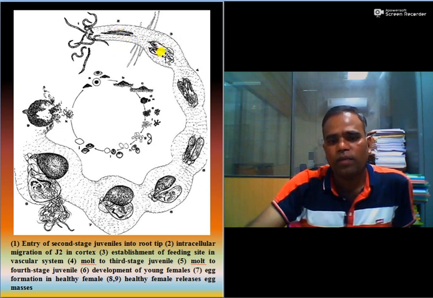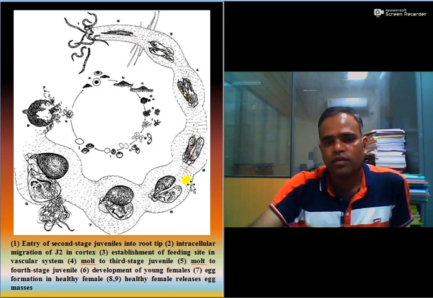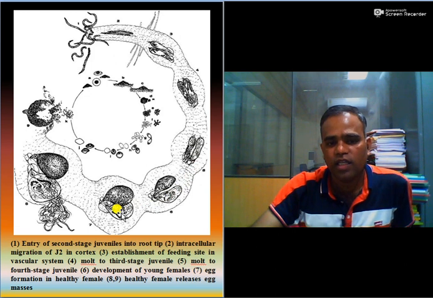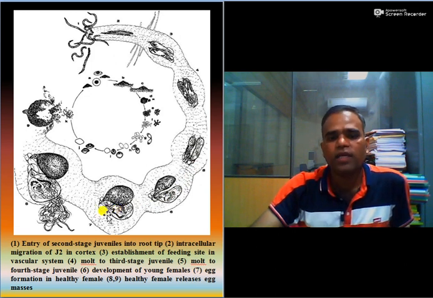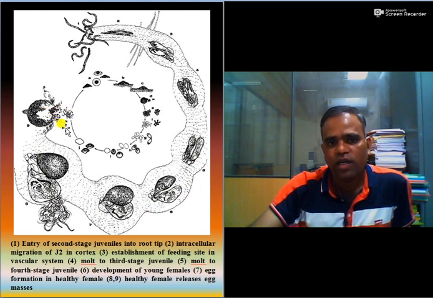Establishment of the feeding site in the vascular system takes place. They molt into third stage juvenile, then fourth stage juvenile, then young females are formed. Egg formation takes place in the healthy female, and the healthy female releases eggs. So after release of eggs, once again the cycle will be formed.